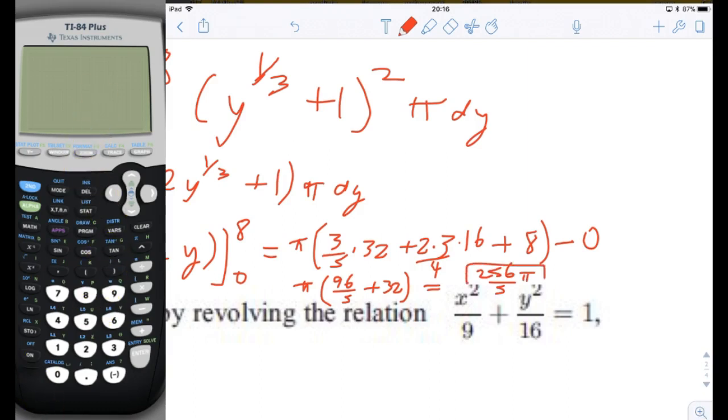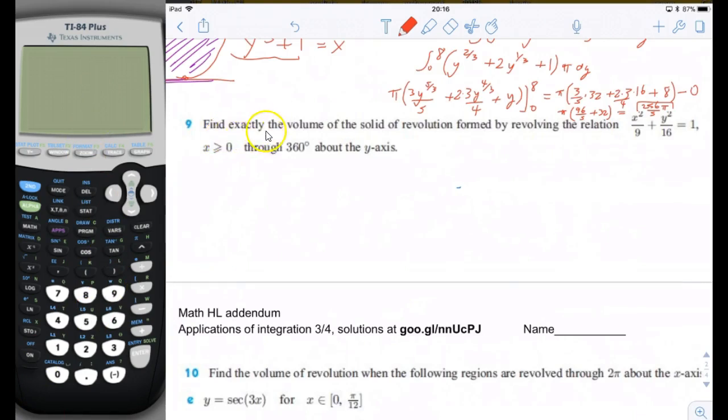Whew. Okay, number 9. This is going to be our last one for the page. We're going to find the volume of the solid of revolution formed by revolving this relation. X squared divided by 9 plus y squared divided by 16 equals 1, of course, is an ellipse. The ellipse is 3 wide and it is 4 tall from the origin.